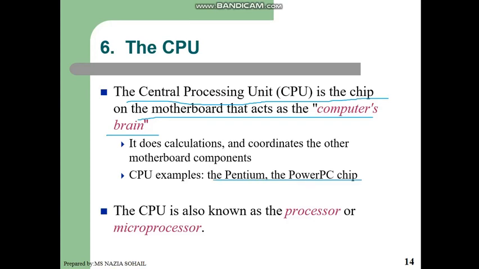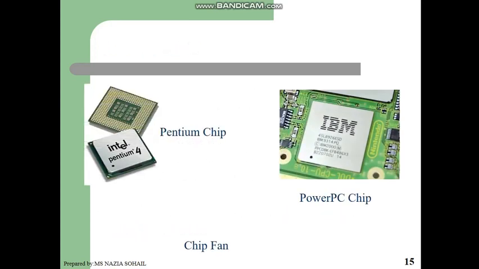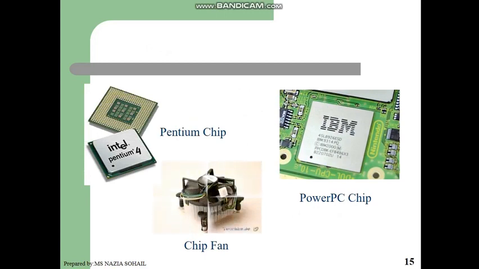The CPU is also known as the processor or the microprocessor. These are the different types of chips available. That is the Pentium chip, this is a PowerPC chip, and this is a chip fan. You usually use these inside the system. These are all found in the system.